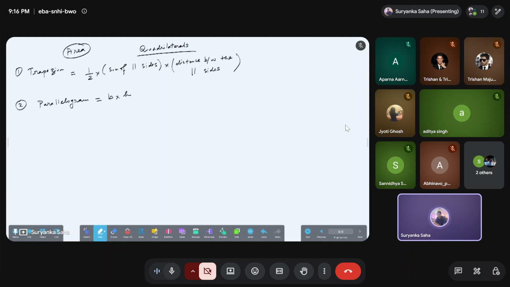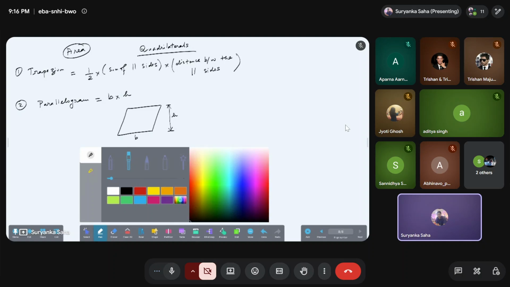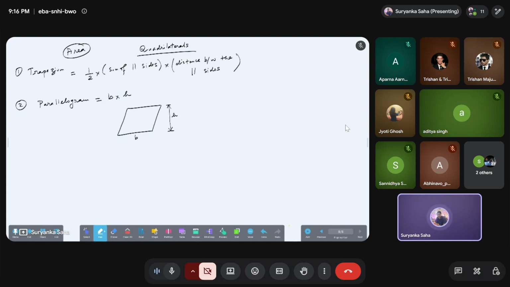So if this is the parallelogram, this is the base and this is the height. Then this is the area. Now this is valid for a rhombus as well, because a rhombus is also a parallelogram. So this base into height formula will be valid for a rhombus as well.